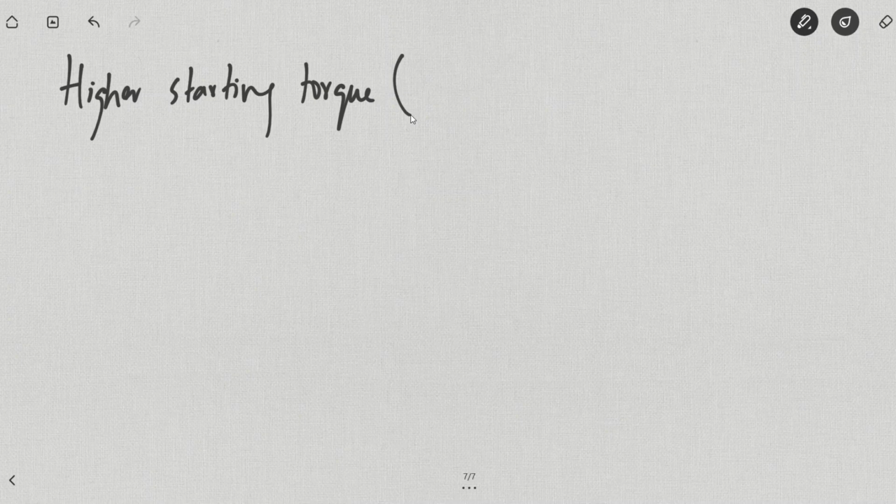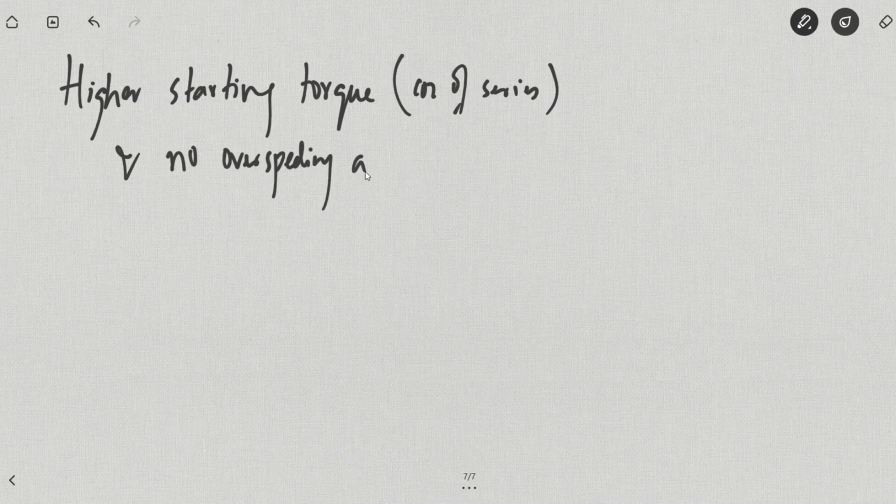Higher starting torque because of the series winding, fine, and no overspeeding at no loads because of the shunt field winding.